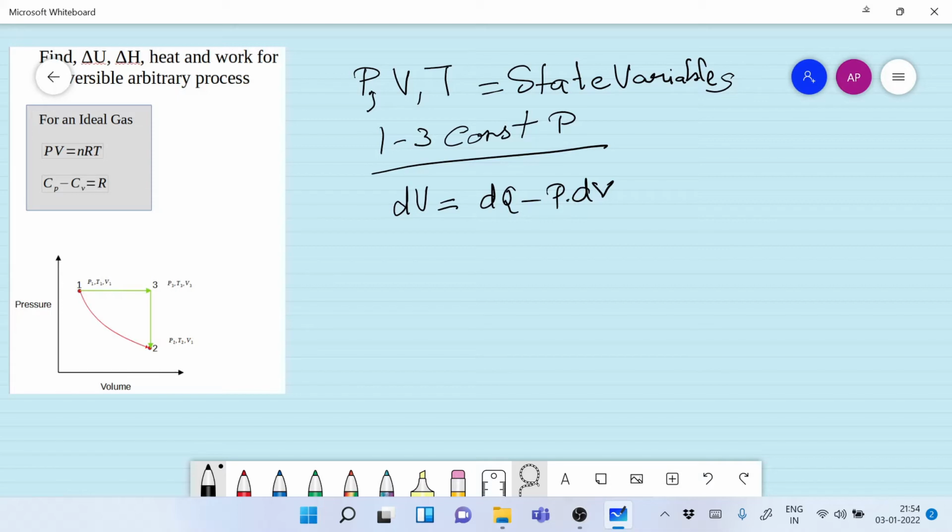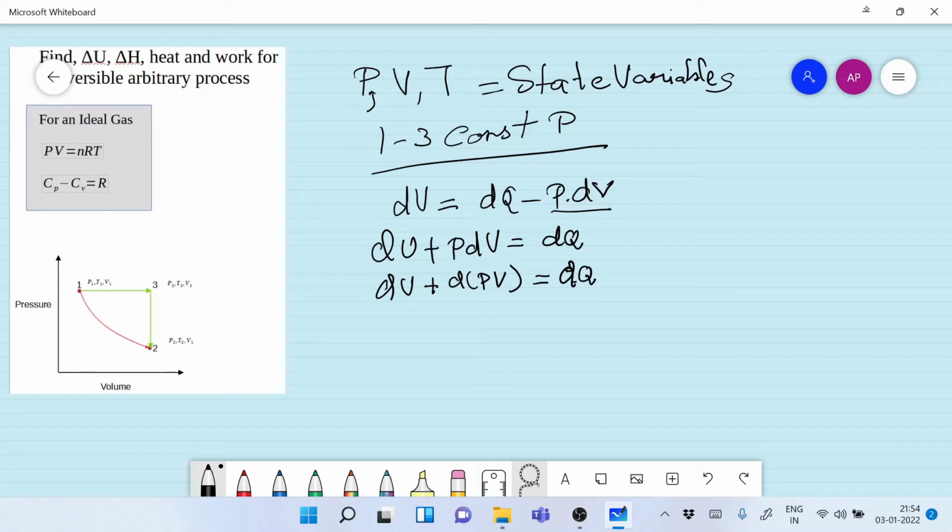Since process 1 3 is at constant pressure, we write dU plus P dV is equal to dQ, or dU plus d(PV) is equal to dQ, or dH is equal to dQ.